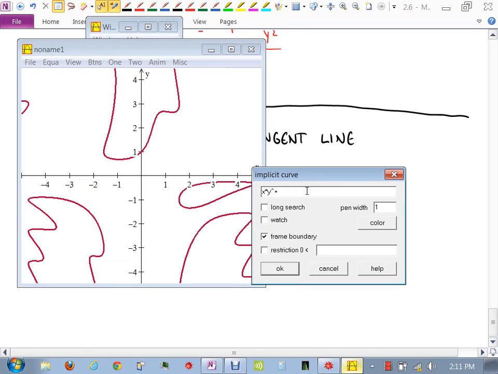Whoa. xy squared plus x squared y equals 2. I don't know if it needs 2 equal signs. Sometimes I forget what program I'm... Okay, not to understand. Try it again.